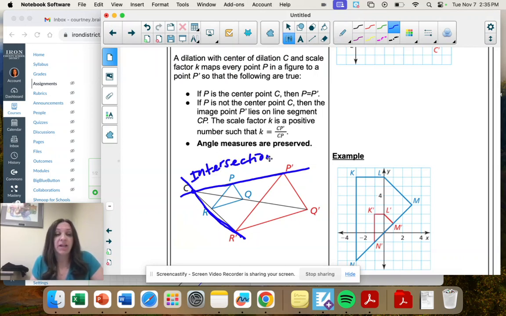So if you're trying to find that and you already have the two shapes, you line up the sides. Also, we'll talk about this more. If the original point and the new point are actually the same point, then that's the center point. That's the dilation center.